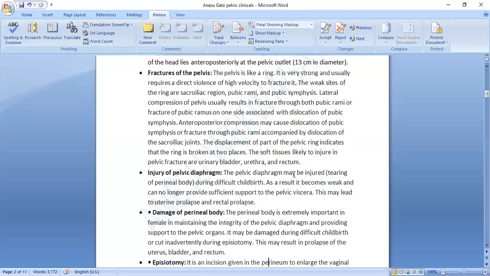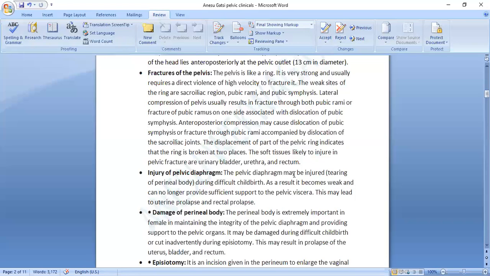Because remember, the perineal body is extremely important to maintain the integrity of this pelvic diaphragm, right? So remember that if you injure this perineal body during a normal childbirth, it's harder for it to regain its stability than an induced injury that is done when you do what you call a median episiotomy, which we'll talk about shortly.